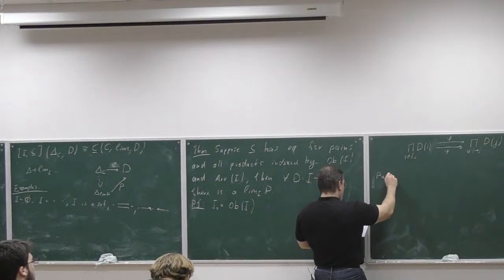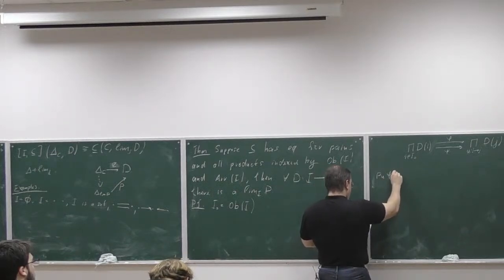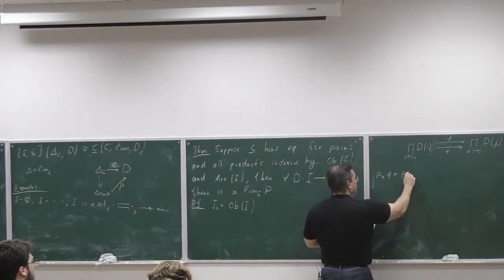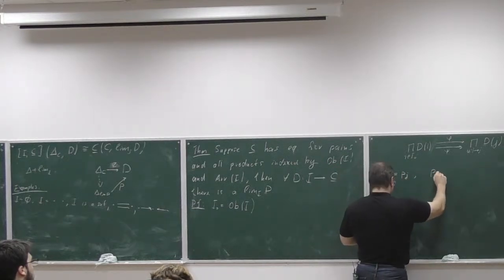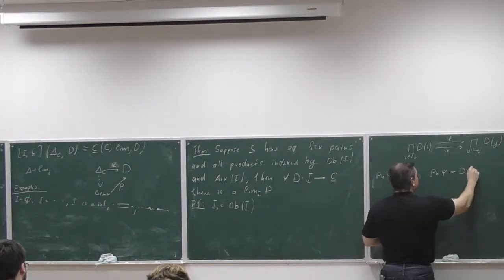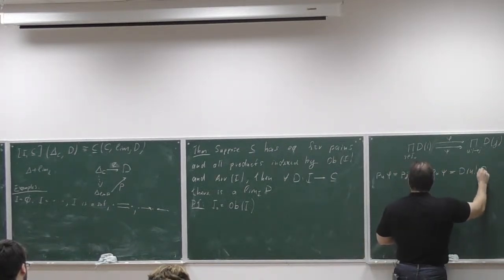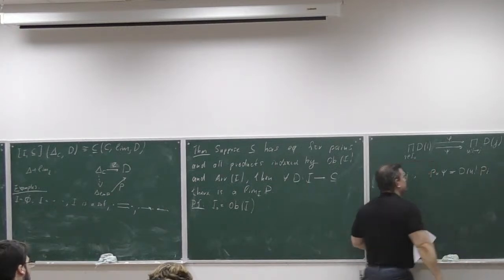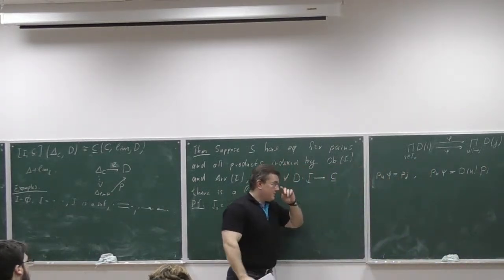The composition of p_u and phi is the same as e_j, and the composition of the projection p_u and the map psi is d of u pi. That's the definition of phi and psi.